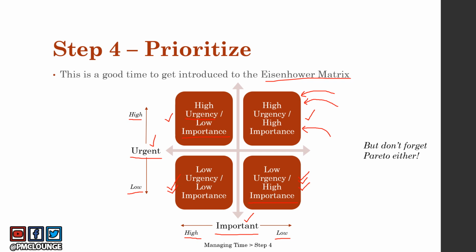But at the same time, you should not forget Pareto. And what is that? When you're prioritizing tasks, remember the Pareto principle. Pareto said 20% of quality time produces 80% of results. So there's a flip side to this as well. 80% of non-quality time only contributes to 20% of the results.